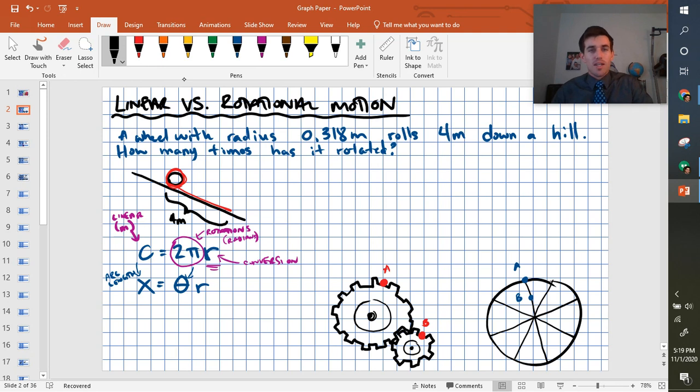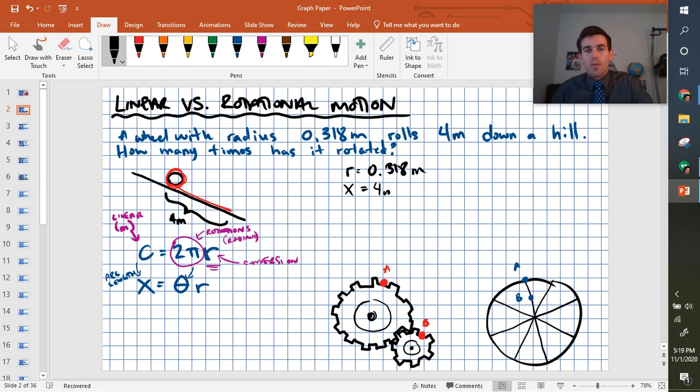We know that the radius is 0.318 meters. We know that the total distance, our x value, works out to be 4 meters. It's an arc length, more than one circle, but it works just the same.